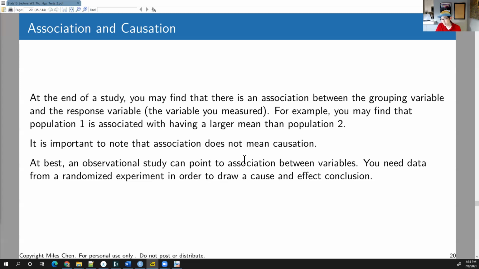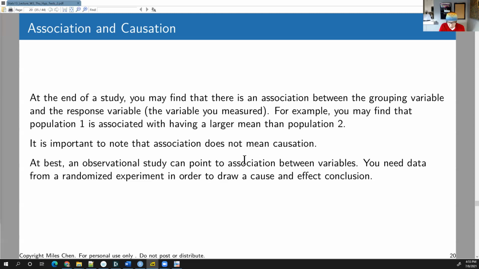And again, association does not mean causation. It could. And if you find an association, it's worth investigating more to see if there is a cause and effect relationship. But just remember, if it's an observational study and you're only observing things and you don't have control over assigning treatments or different conditions, then all you can do is make a conclusion about association.